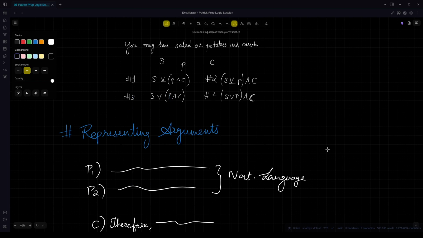So for example, number one is you may have salad or potatoes and carrots together. So you either have one or the other, which is probably, at a wedding, not what people are implying when they're asking. Case one will probably be something like food served at a school to kids.